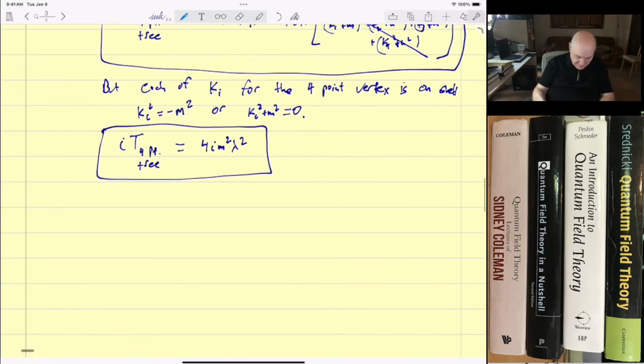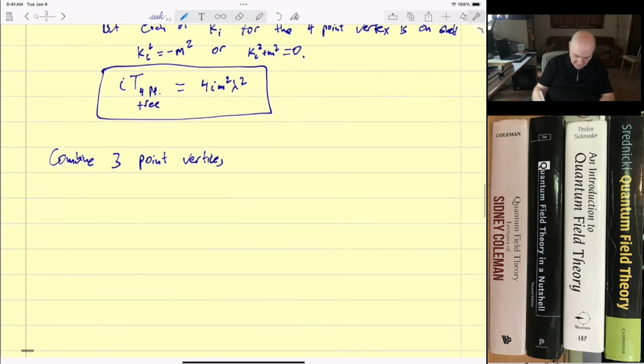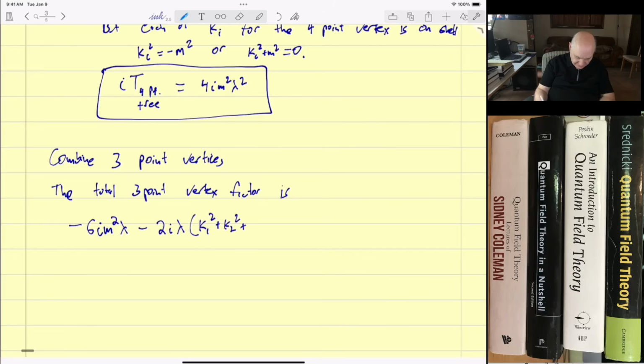Okay, so now let's combine the 3-point vertices. This will be a little bit more difficult, but it will work out pretty well. So the total three-point vertex factor is minus 6i m squared lambda minus 2i lambda times k1 squared plus k2 squared plus k3 squared.